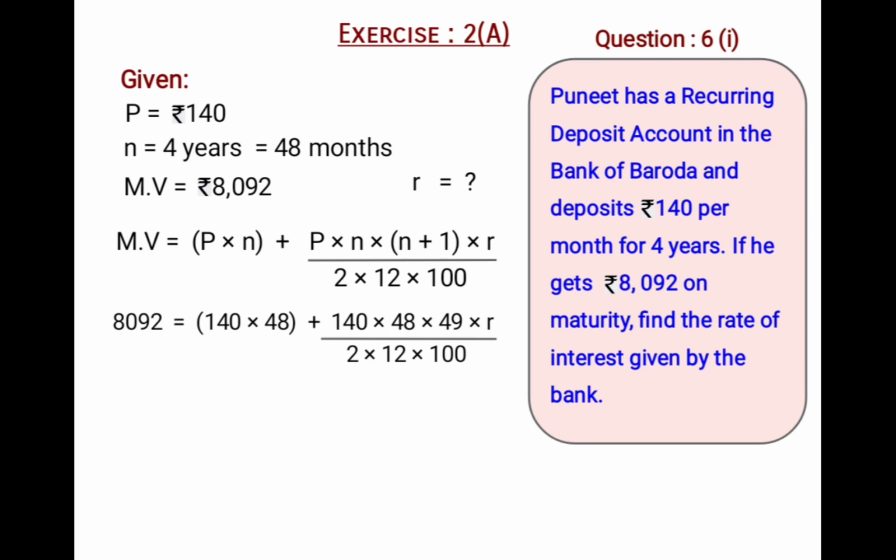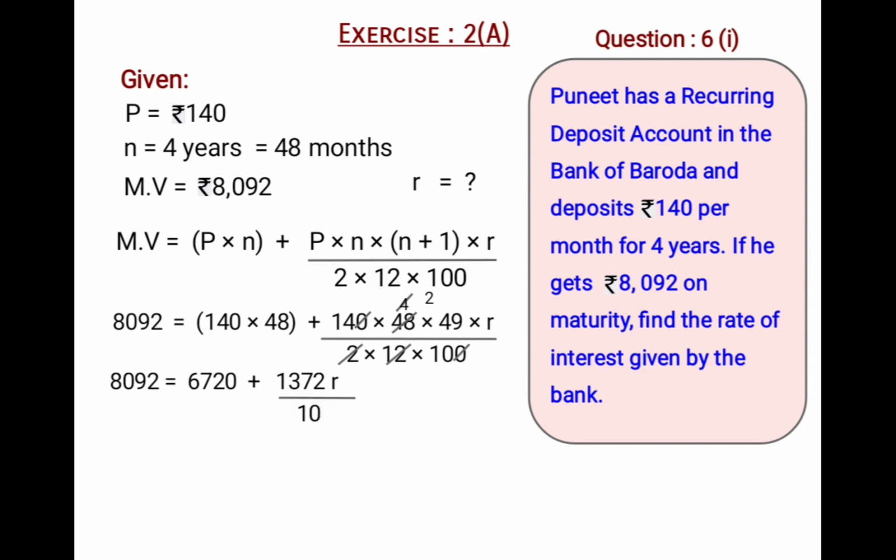When we simplify this further, we will get 8,092 equal to 140 into 48 is 6,720 plus 140 into 2 into 49, that is 1372 R divided by 10.